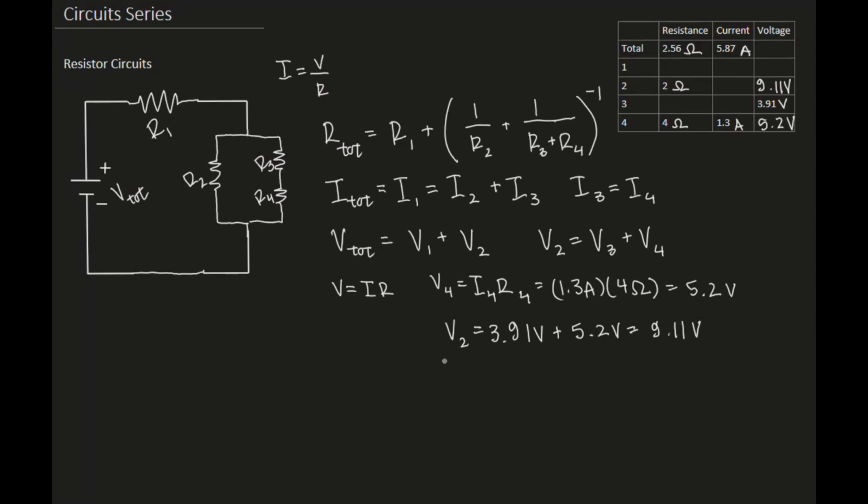So then I can use the fact that I have essentially two knowns for resistor 2 to calculate the current at 2. I2 equals V2 over R2, which is going to give me 9.11 volts divided by R2, which is just 2 ohms.